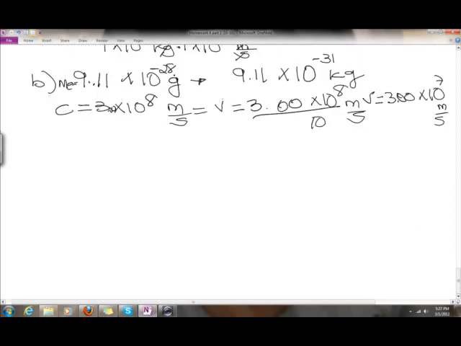So you're going to have the wavelength, then you plug it in again like we did, 6.63 by 10 to the minus 34. And instead of joules, let's plug in kilograms multiplied by meters squared, divided by seconds.